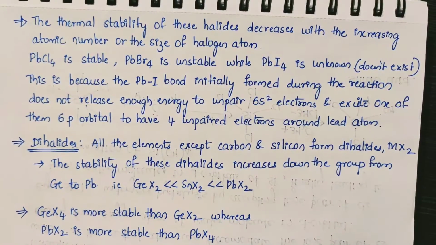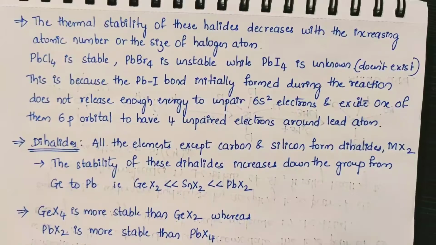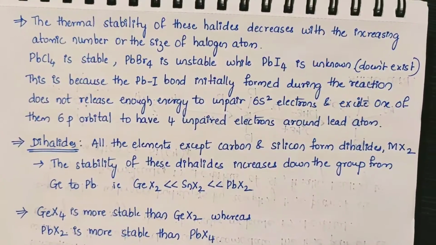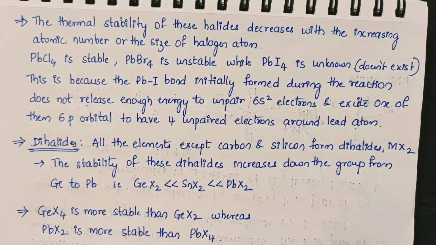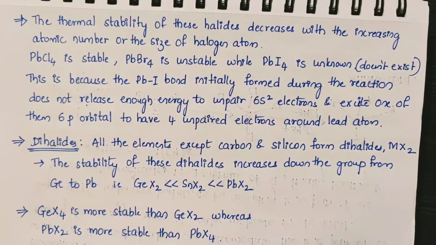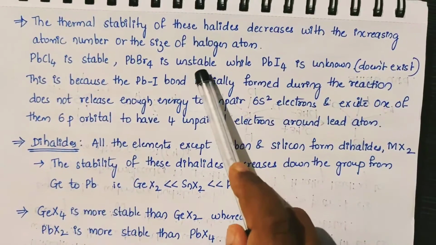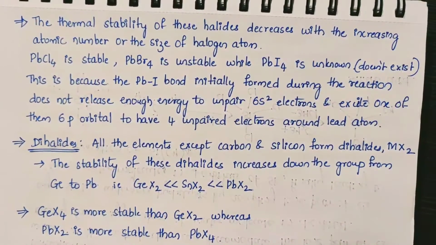The thermal stability of these halides decreases with increasing atomic number or size of the halogen atom. For example, PbCl4 is stable, PbBr4 is unstable, while PbI4 does not exist.